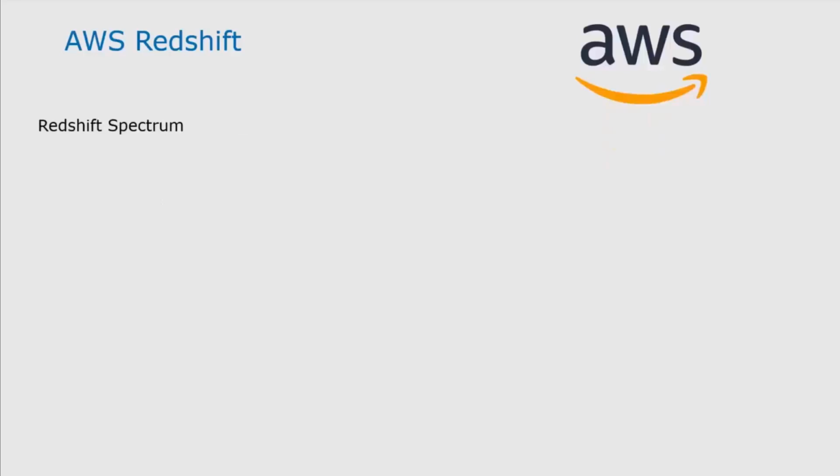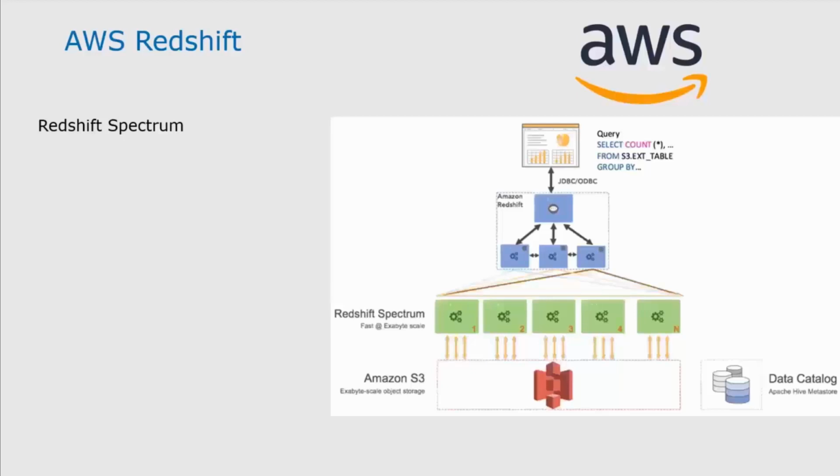In addition to that, Redshift has a service called Redshift Spectrum. And Redshift Spectrum is the solution for the second part of the Cloud Data Warehouse challenge: how to integrate your enterprise data warehouse with massively parallel compute with the data lake.